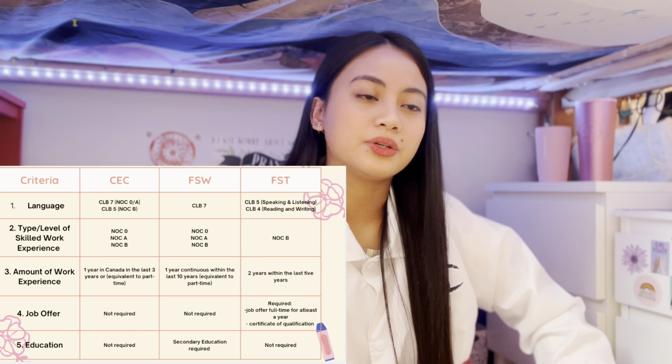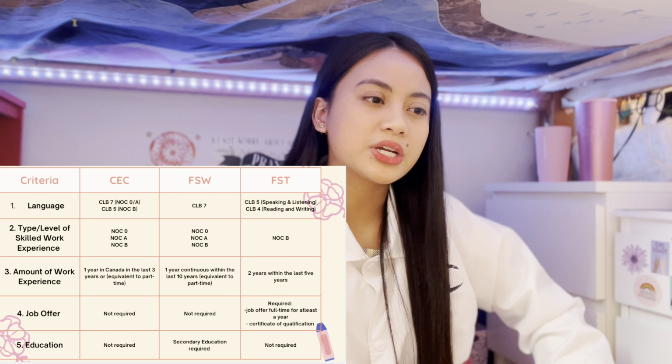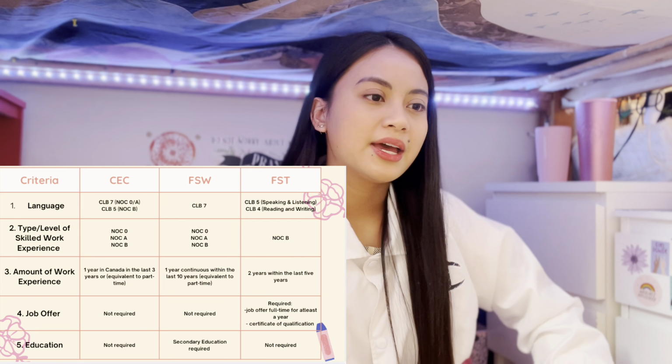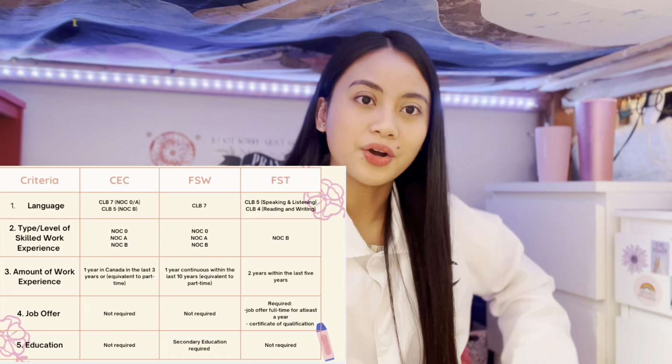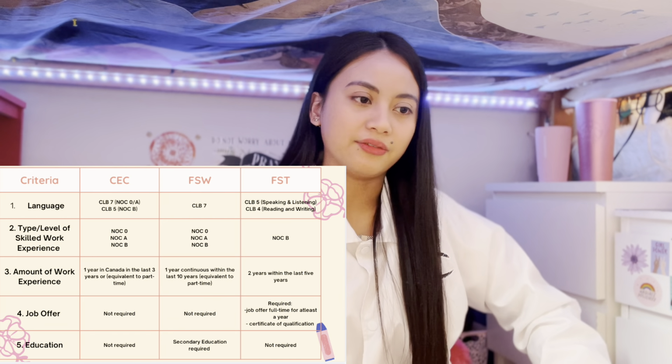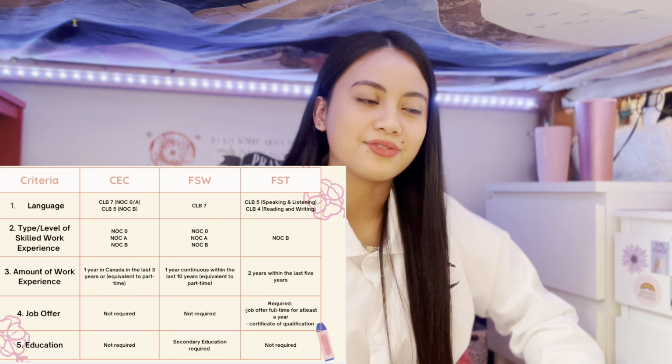For FSW, you have to have at least 1 year of continuous experience within the last 10 years. And for FST, which I find longer than FSW and CEC, you have to have 2 years within the last 5 years.